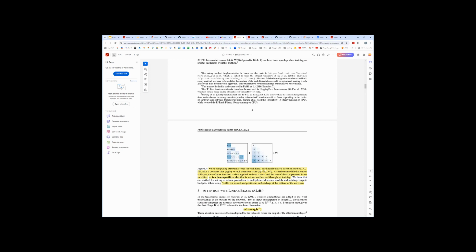And so you end up with more parameters to learn, I guess it's just a larger parameter space that you have to learn. But computationally, it seemed like it should be the same thing, because they were just taking these learned biases and applying them, whereas in this linear bias, it's just a constant that they use. So that was kind of interesting.